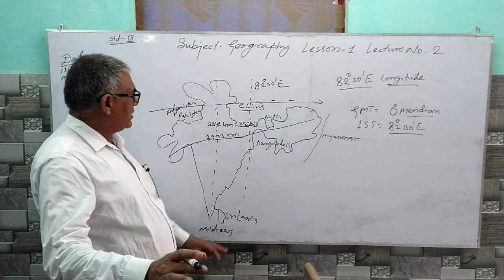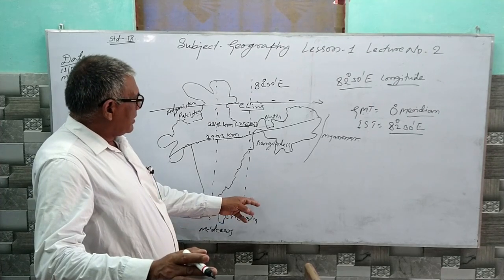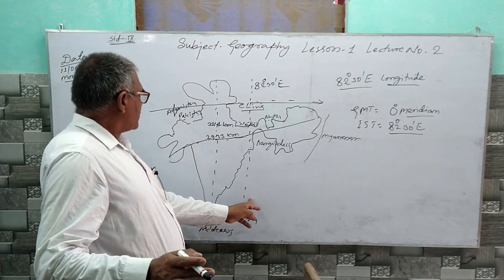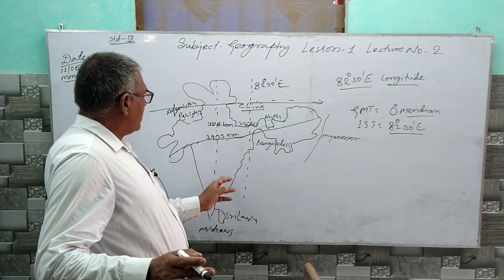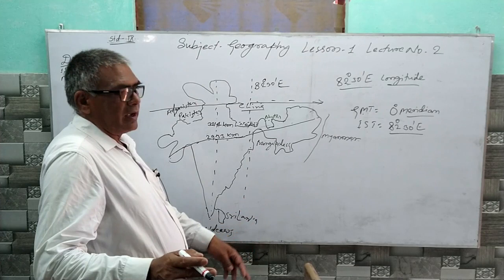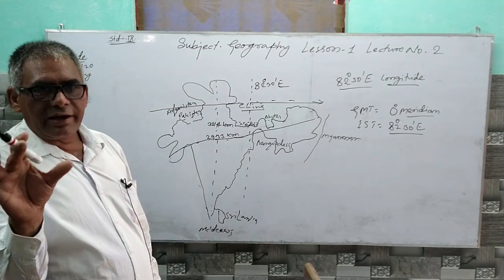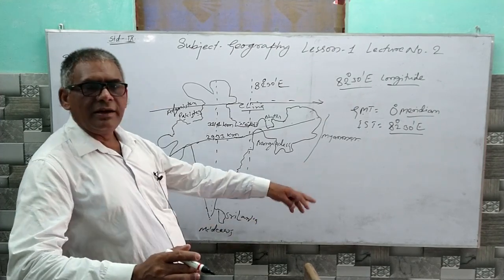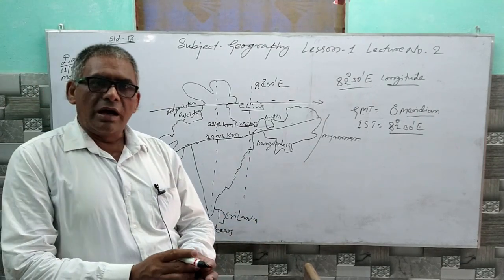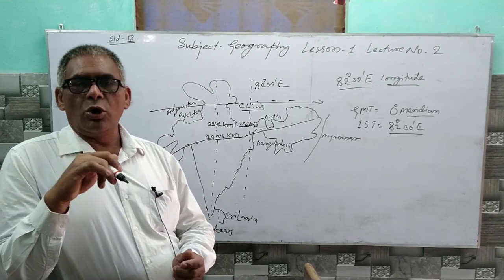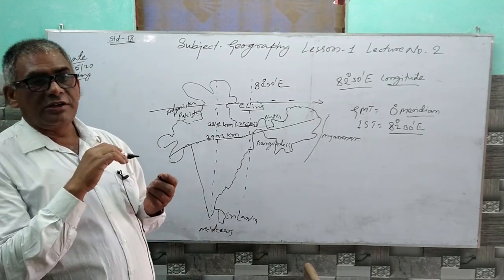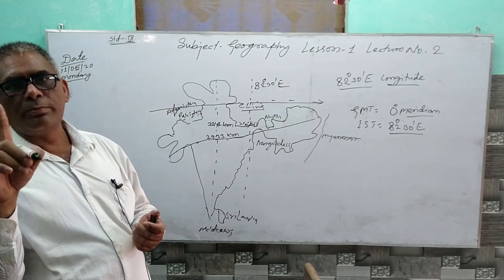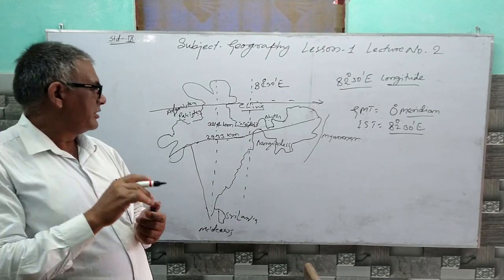But you have also seen that in the southeast of our country, there are island groups called Andaman and Nicobar Islands, and the southern tip of Andaman and Nicobar is called Indira Point, which starts from 8 degree 4 minute north latitude.